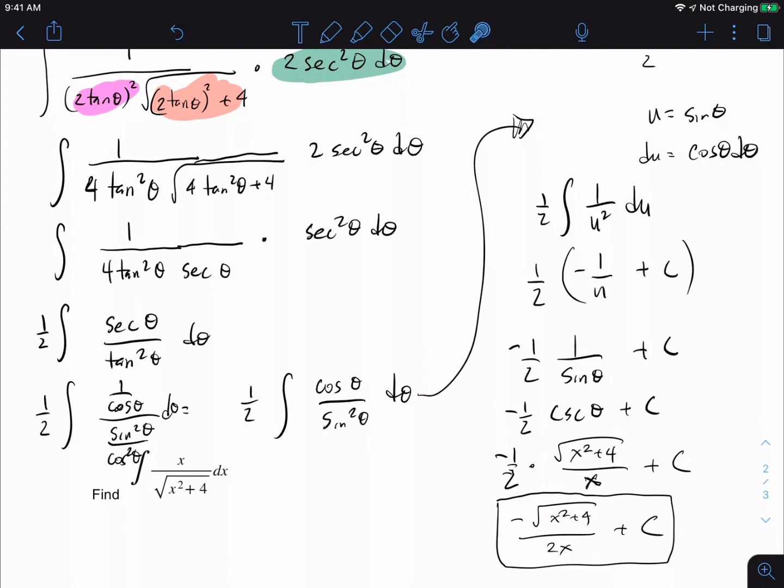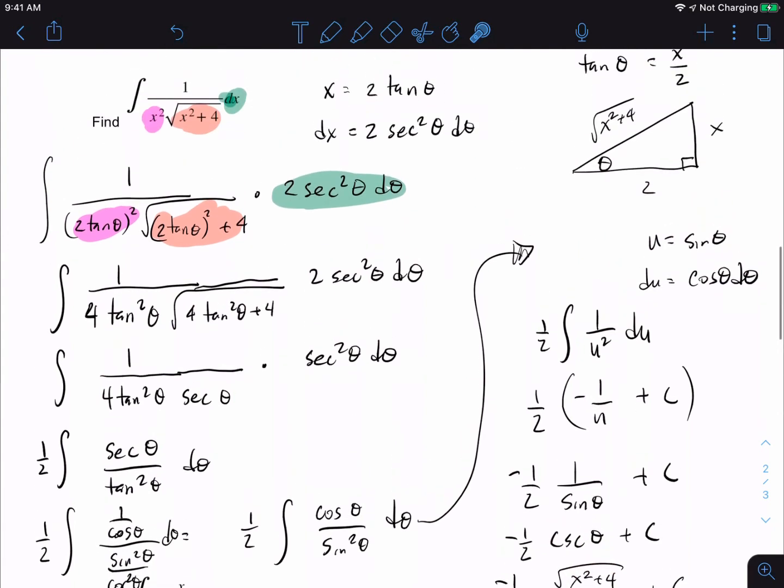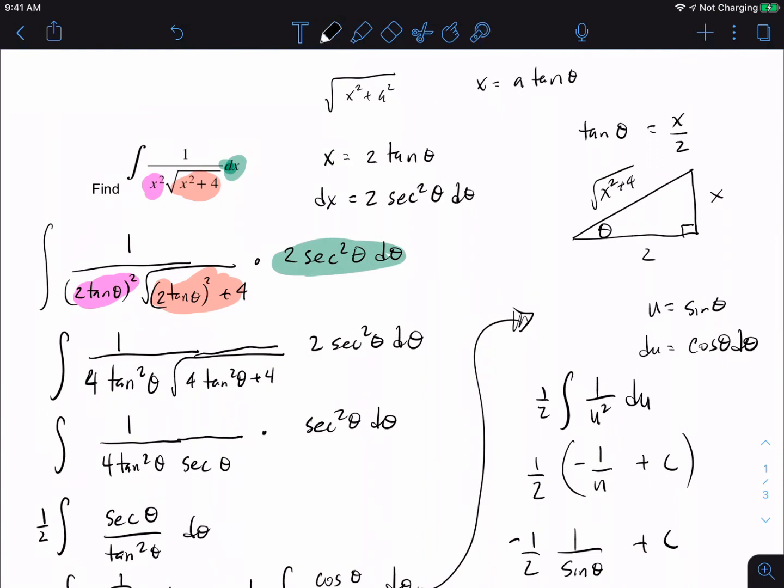So to get from here to here, I have to go back to some trig. Remember what you were taught by your teachers: sine is opposite over hypotenuse, correct? Cosecant is the reciprocal of that, so it's hypotenuse over opposite.